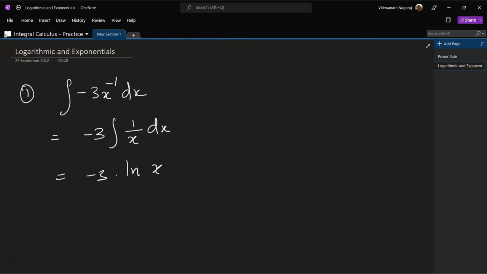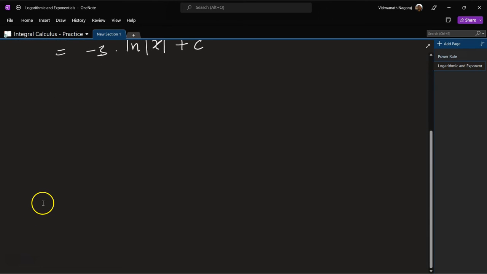But at the same time, we also know that natural log cannot be evaluated for negative quantities. So we put an absolute value for x, so that it becomes a positive number. And then plus c, that is a constant of integration.